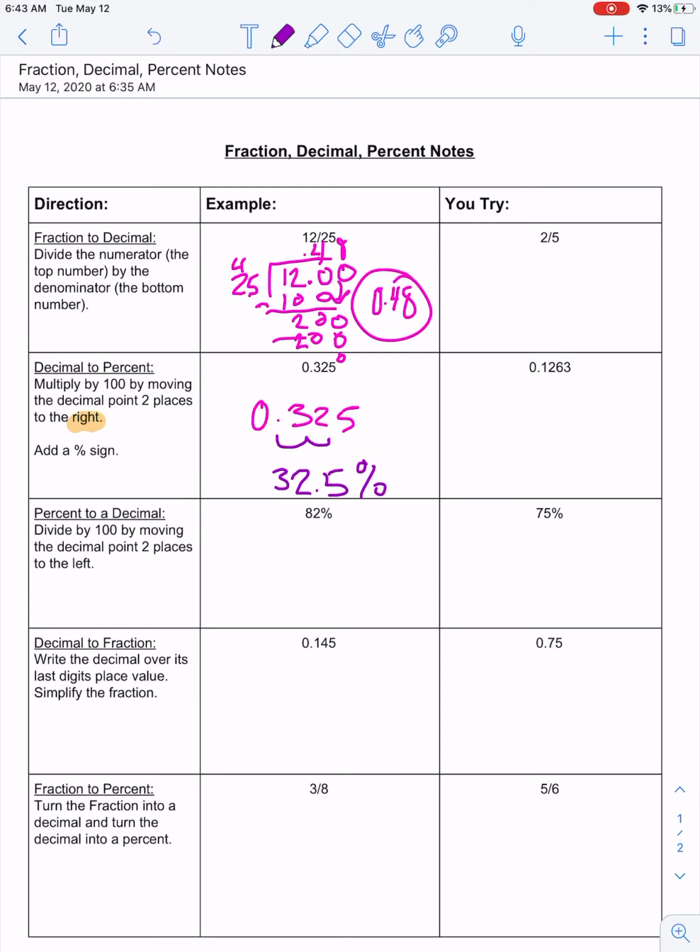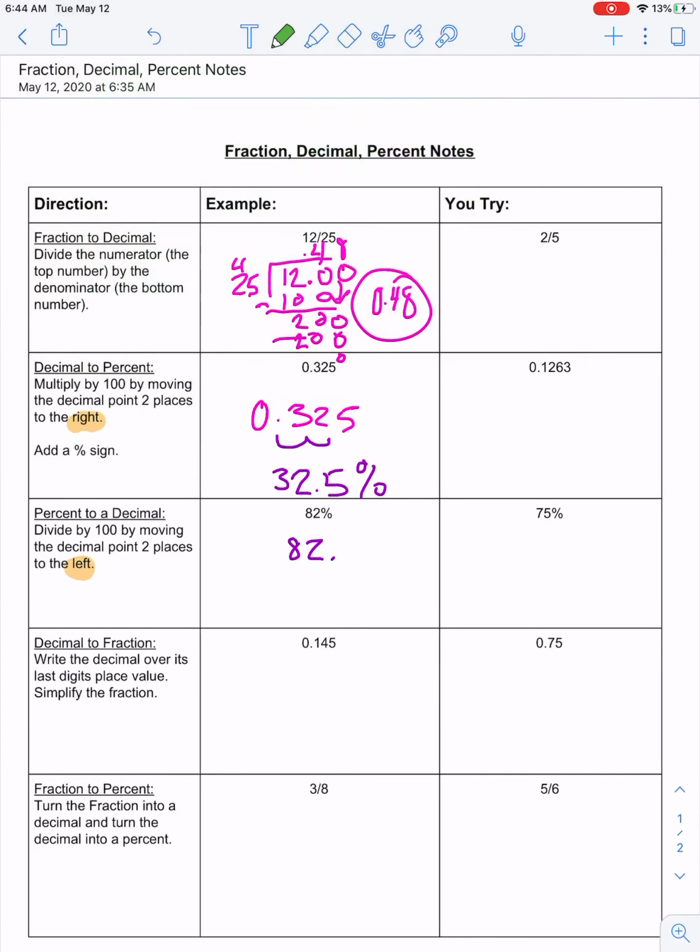Now let's go the opposite way. Let's go from a percent to a decimal. So we're starting with 82%. So we have 82. So our decimal would be behind our ones place. And then it says divide by 100 or move our decimal 2 places to the left.